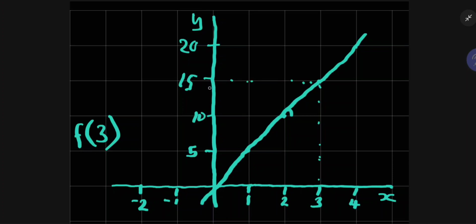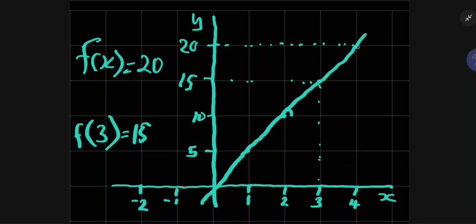So the y-coordinate is at 15, so this means f of 3 is 15. And you can also answer questions like, find x when f of x is 20. For questions like this, it's just like working backwards. So you find 20 on the y-axis, and you trace it out till it meets the graph line. Then you find its corresponding x coordinate, which is 4. So x is equals 4.